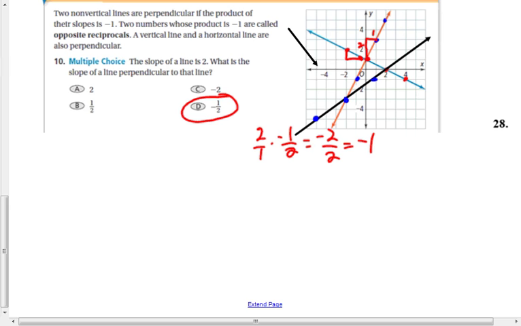And you'll see that the slope of that line is 3/2. Okay, so that's perpendicular.